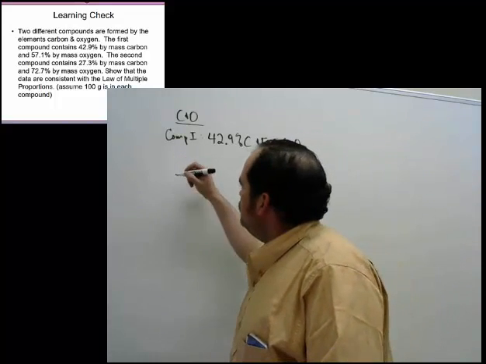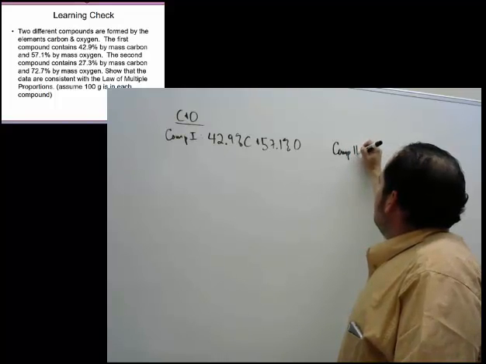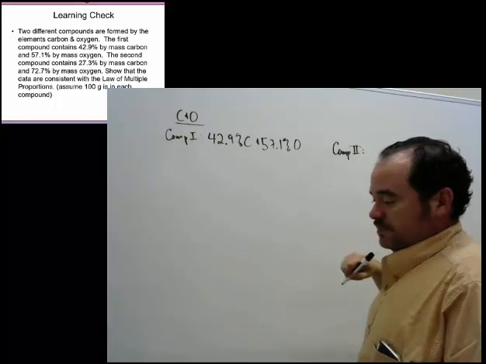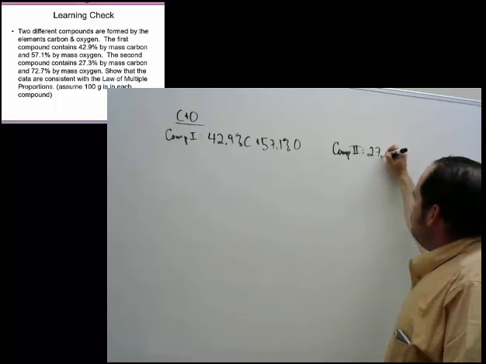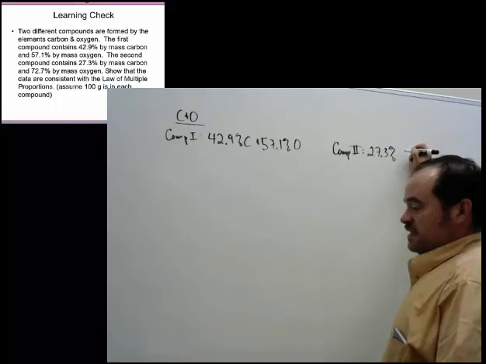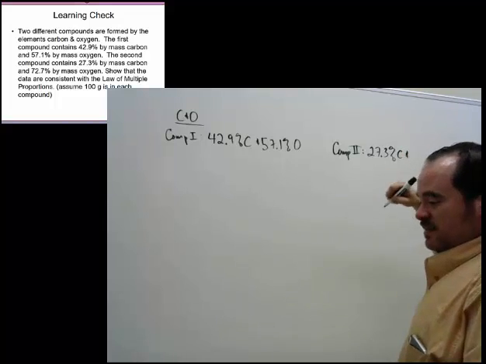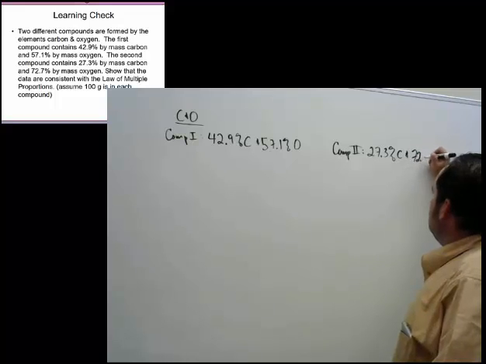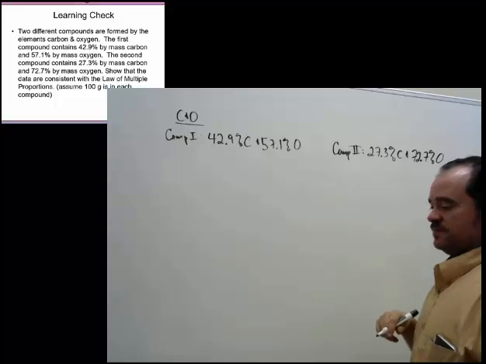In compound number 2, what we have is that the second compound contains 27.3% by mass of carbon and 72.7% oxygen.